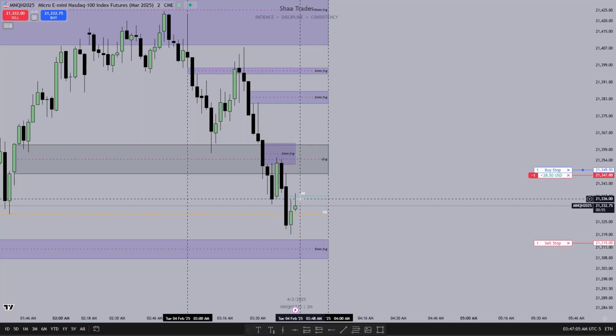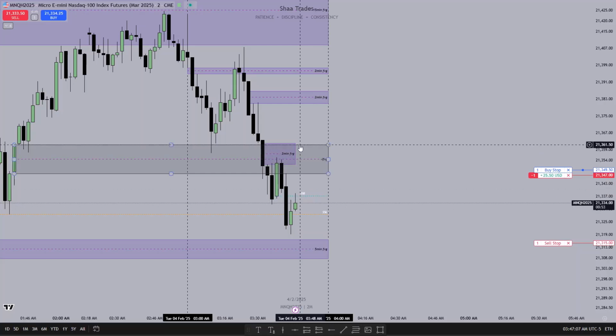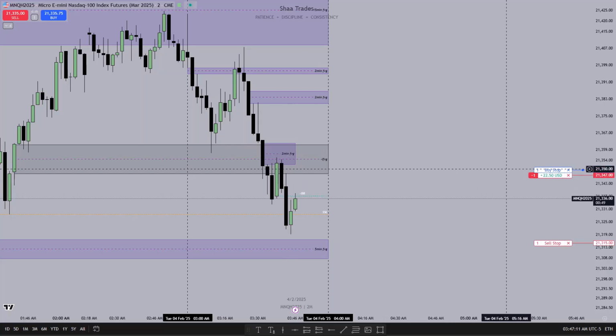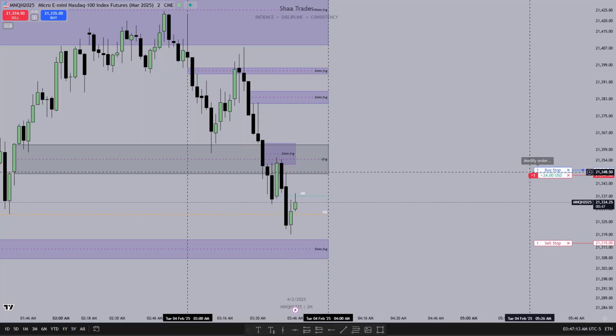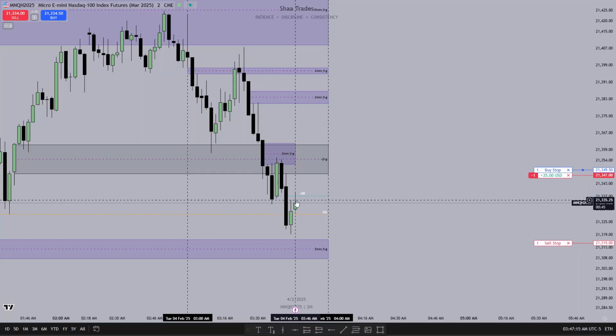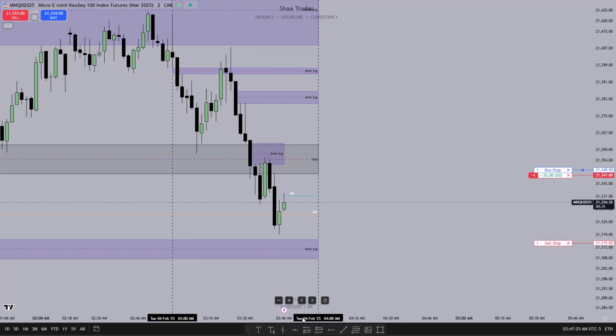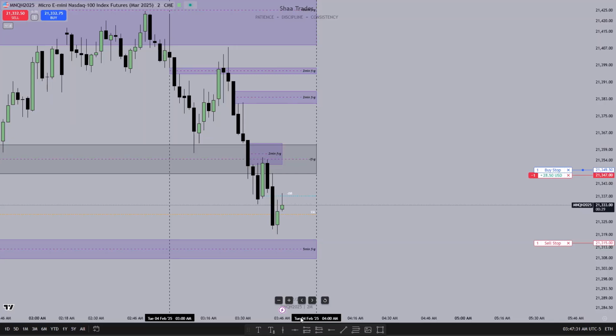If it does, then we're looking for price to go back all the way up here, and I don't want to be in that trade anymore. So we're reducing our stop just to protect the capital in case this candle here breaks above here. So that's what we're looking at.